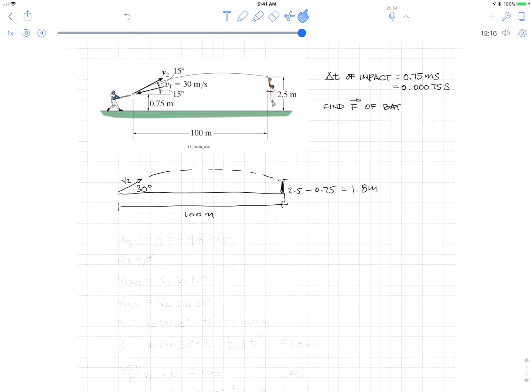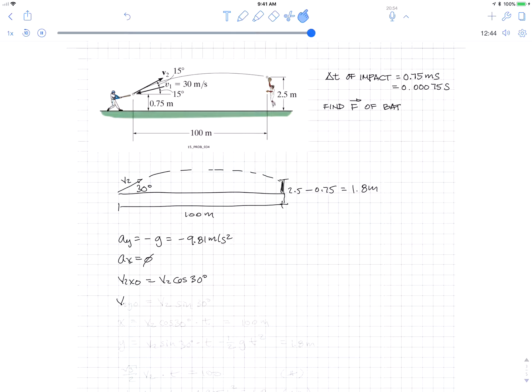Okay, so what we know is that the y acceleration is minus g. The x acceleration is 0. The x velocity initially is v2 cosine 30 degrees.